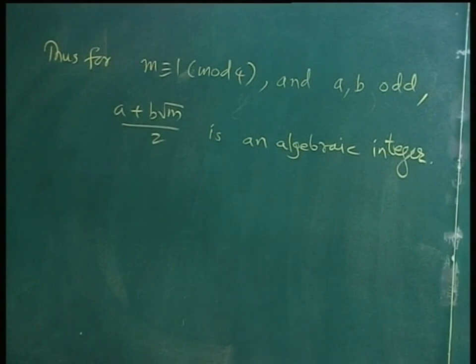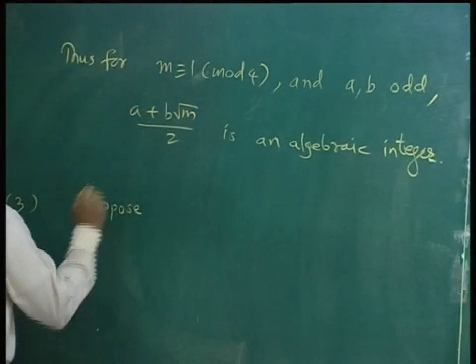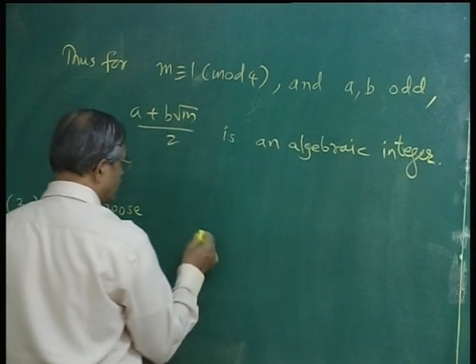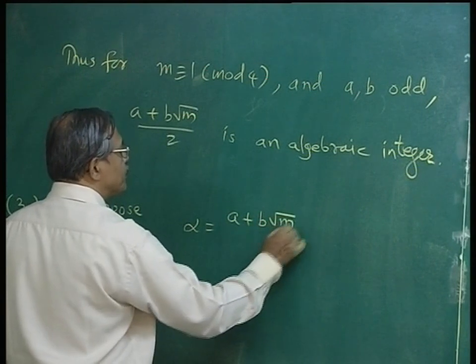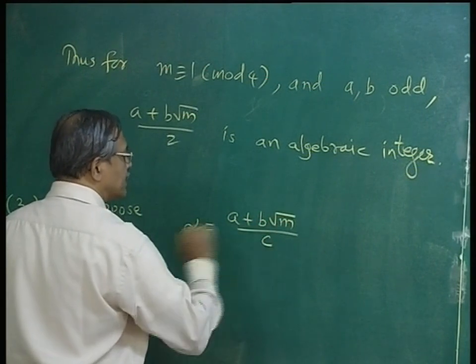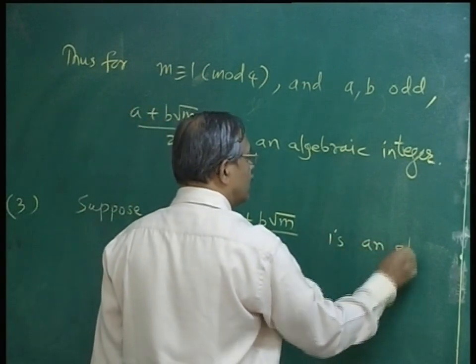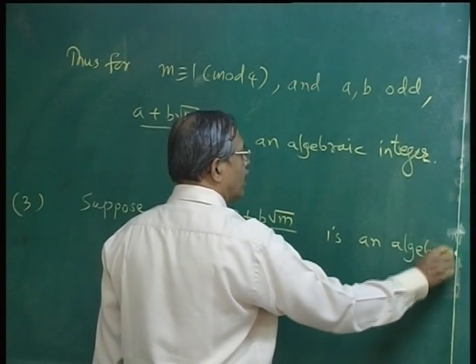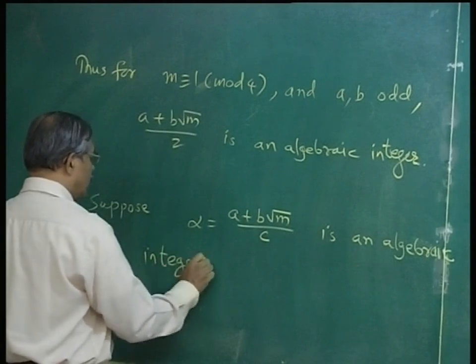Now we want to show that these are all the algebraic integers in Q root m. So suppose alpha equal to a plus b root m by c is an algebraic integer.